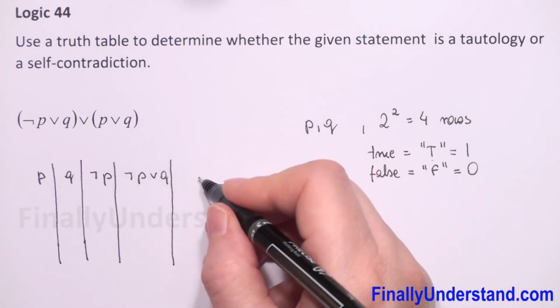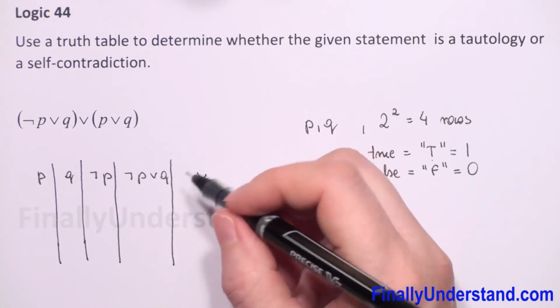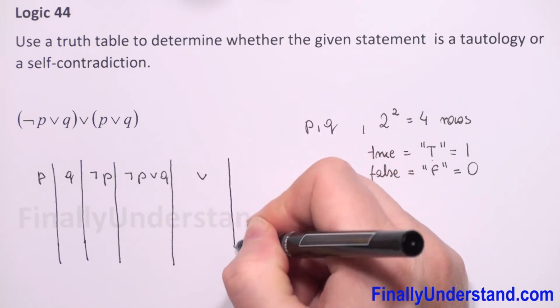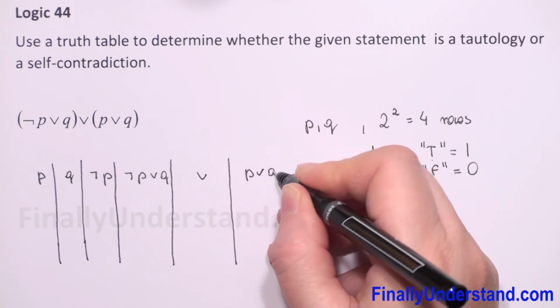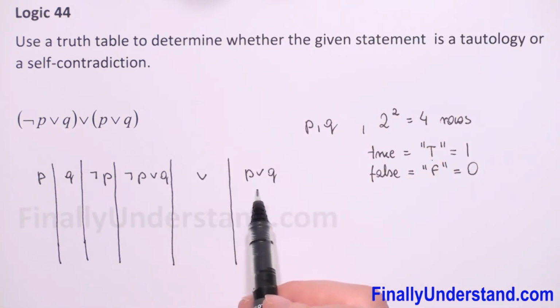So I will put the symbol or in the fifth column, and in the last column I will put P or Q. Because it will be easy to compare the values of these two parentheses.